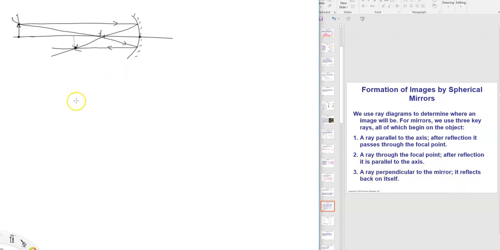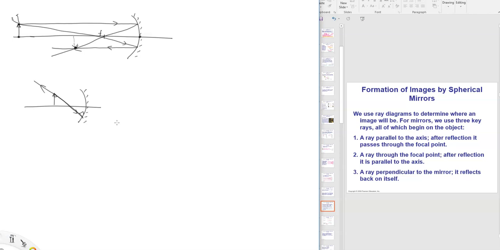So I'm drawing a new diagram to show that. Let's say here's an object, and the light from this object goes perpendicular, it reflects along the same path. So we can use any two of these three, or you can use all three.